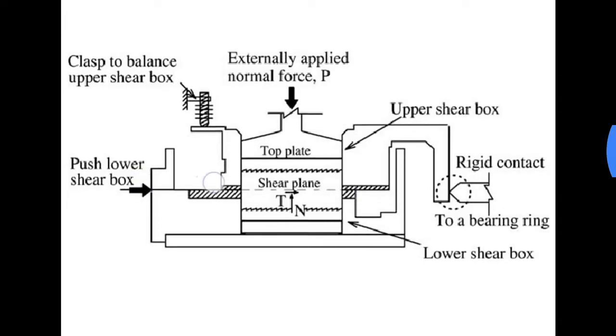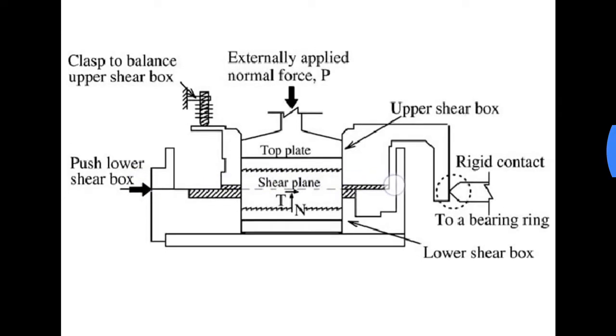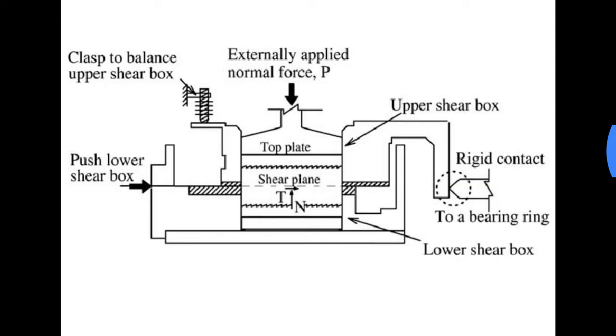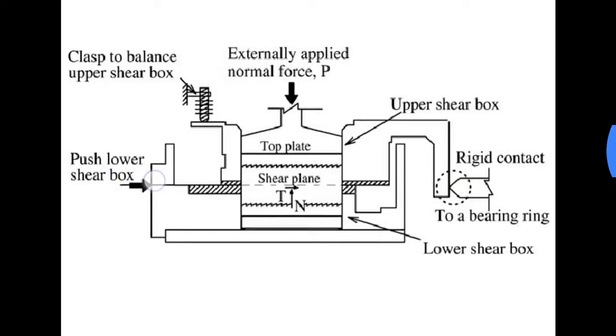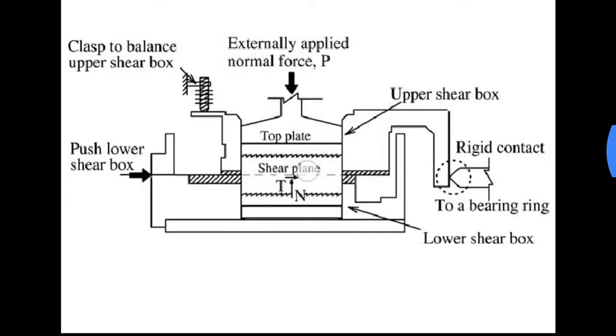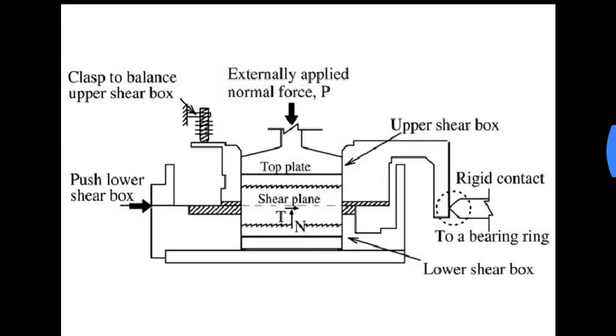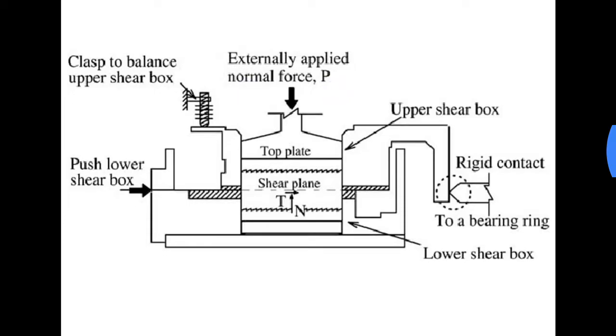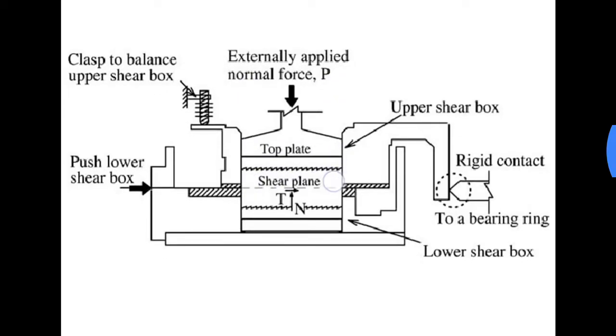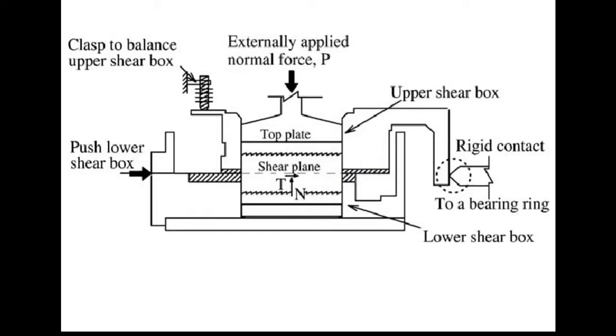Then along this shear plane, a force is applied, and also an externally applied normal force or perpendicular force is also being applied to this soil sample. So there are forces in two directions.